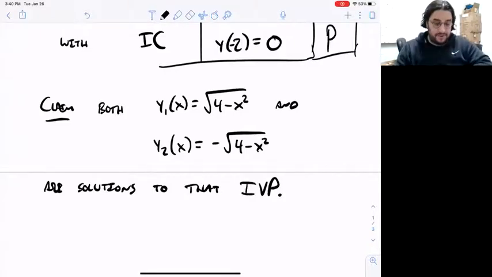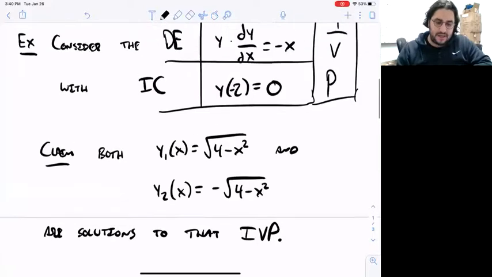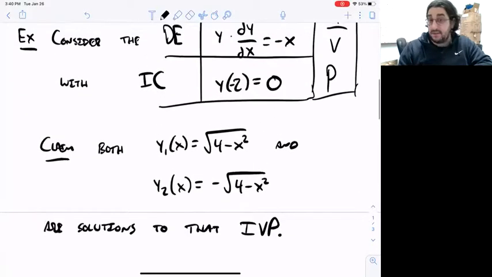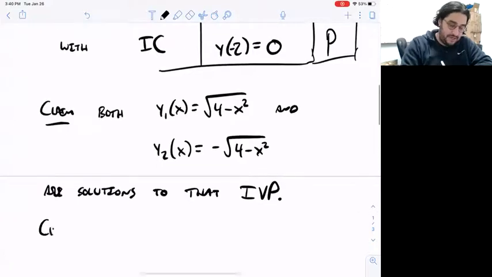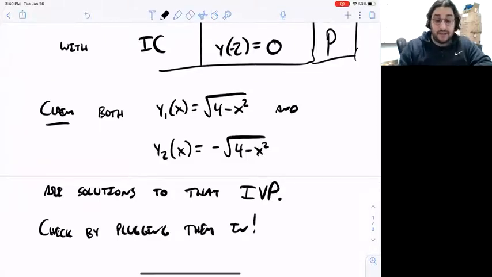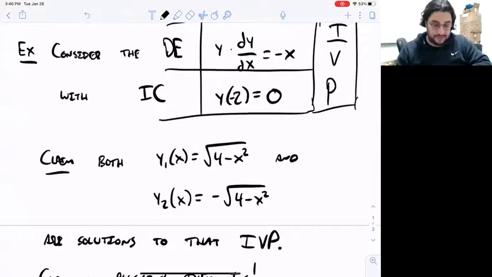Right, I claim these are both valid solutions. And how can we see this? Well, you can check it just by plugging them in to both the DE and then also the initial condition.